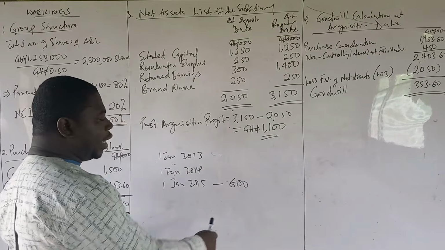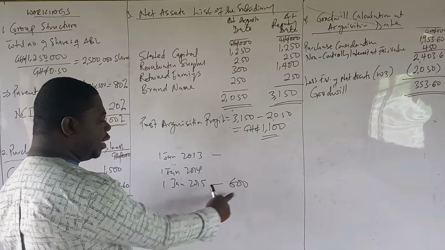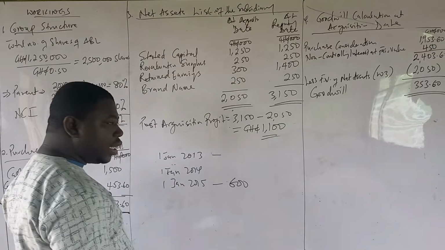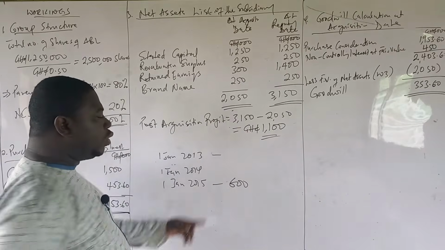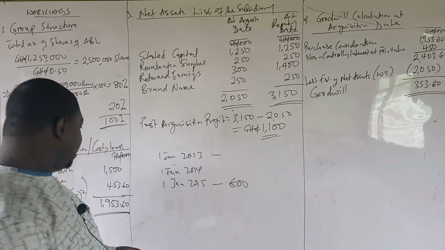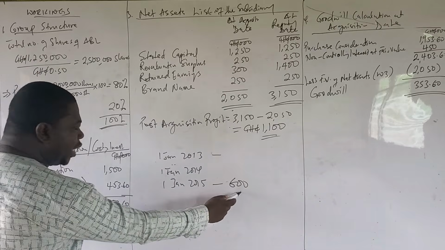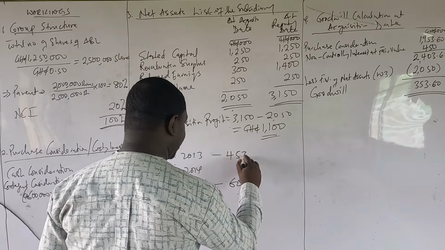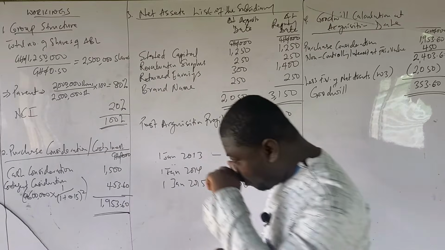Anyway, I have told you that I am going to pay you 600,000 or whatever in 2 years' time. I'm promising you today, which is 1st January 2013. Now, we have said that the value of this 600 in 2 years' time, discounted back to today's terms, is 453.60. Now, pay attention very well.